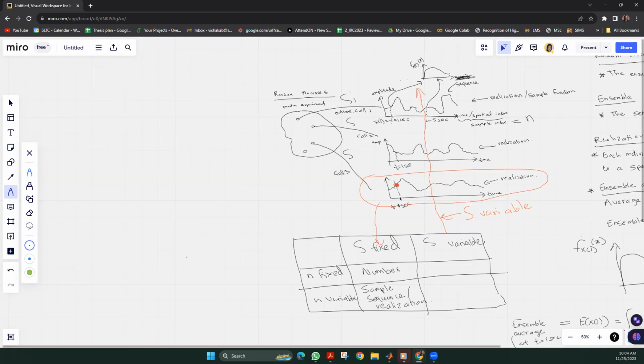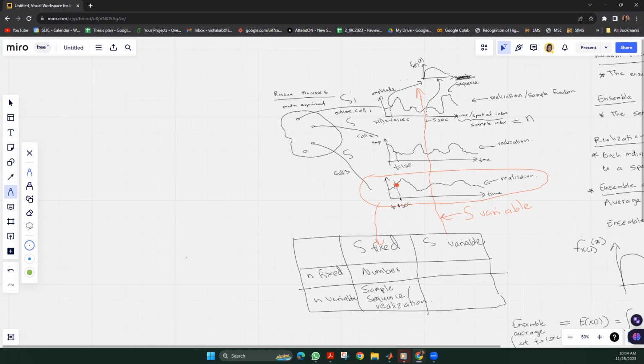That random variable we can study based on its other parameters, such as how its probability density function is defined, and how its mean and variance are defined. Likewise, we can define different parameters for this random variable.